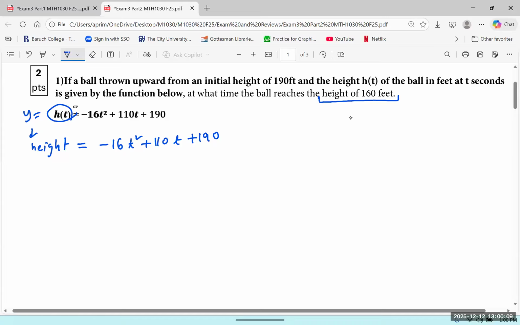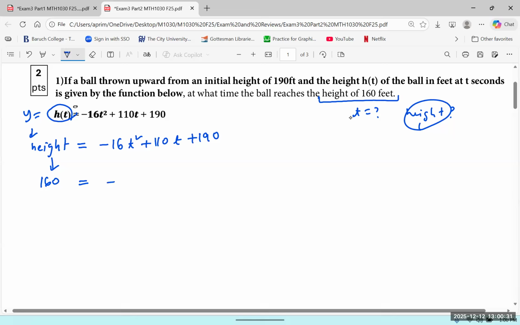So what is this 160? Is it t or the height? This 160, what number is it in our equation? Is it t or the height? The height. So you replace this height with 160.